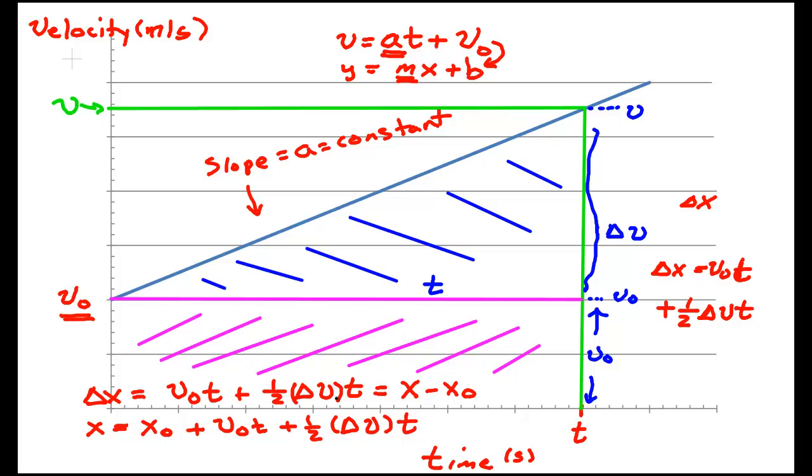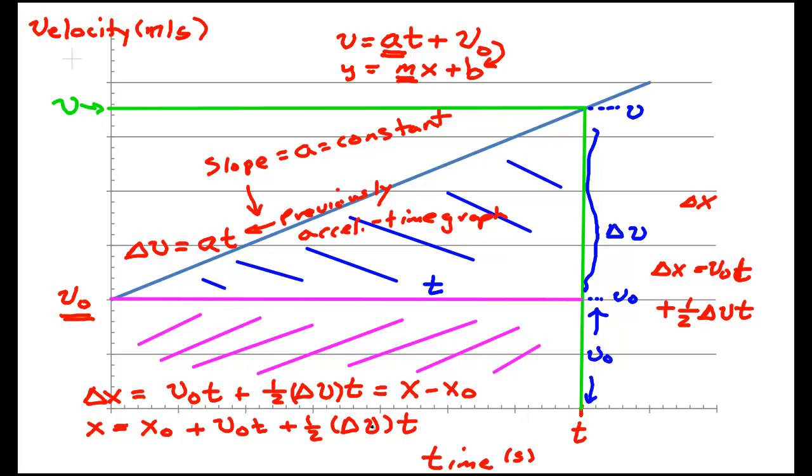Now, what's usually done is they say, hold on here. Remember something. We already acquired the fact that delta v was at, previously, from the acceleration time graph. So I can take that at and plug it in here.